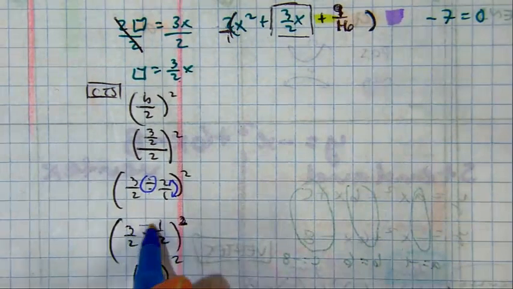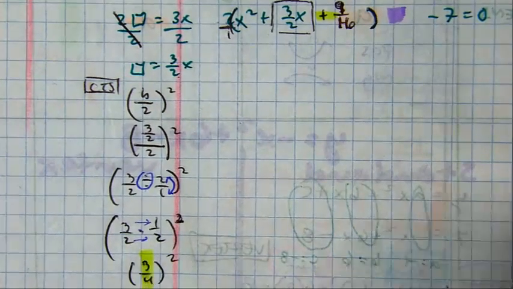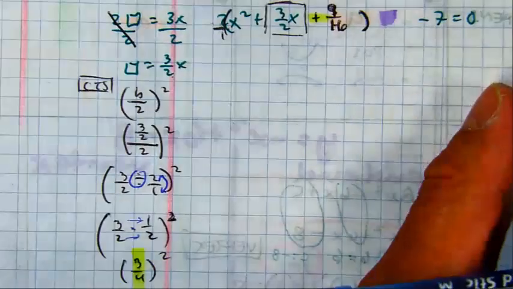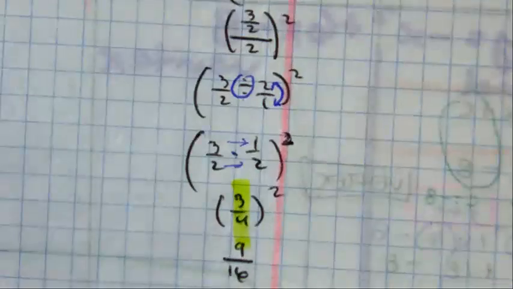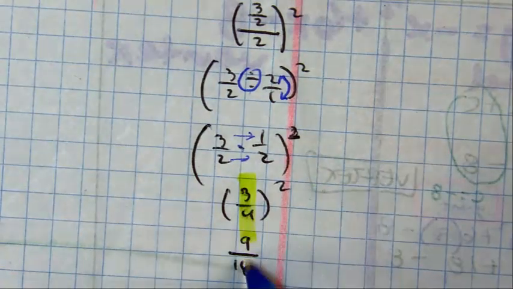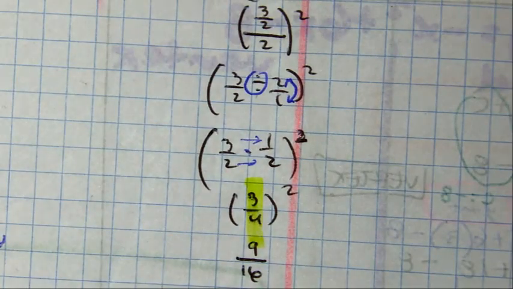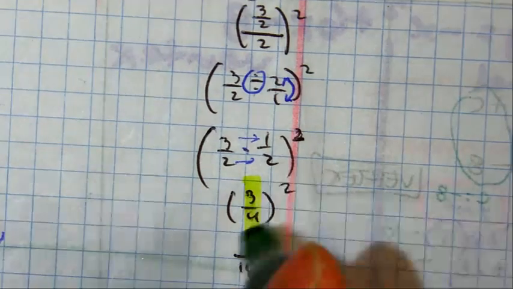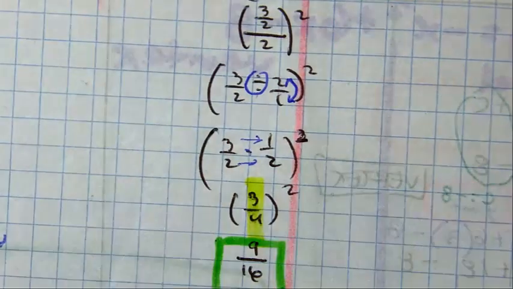Multiply across. You're going to get 3/4. And then 3/4 squared is 3 squared, and then 4 squared, which gives you 9/16. 9/16 is the number I'm going to use to complete the square.